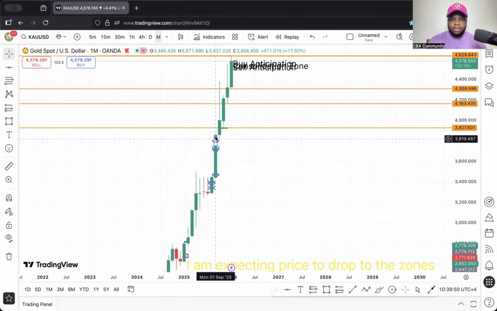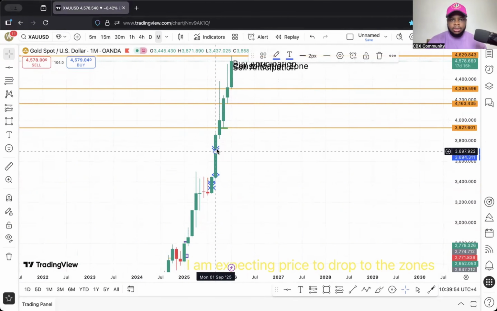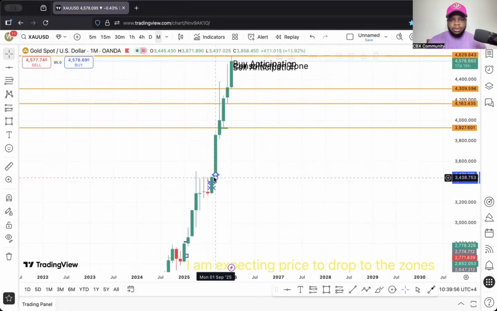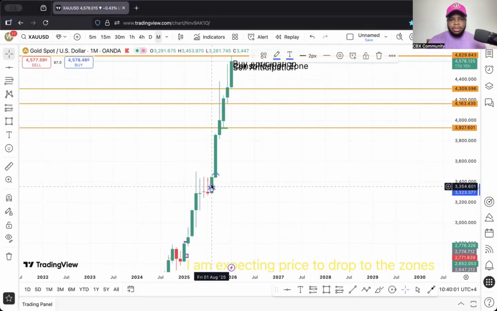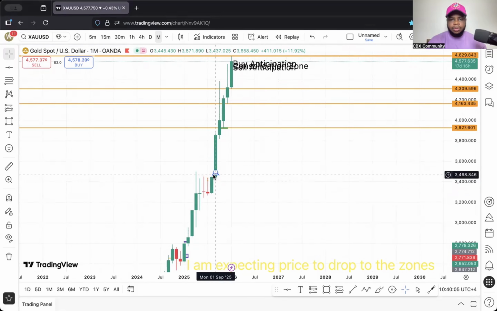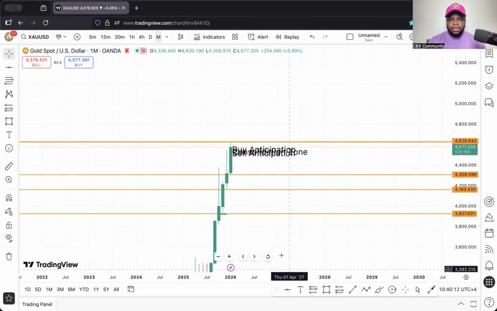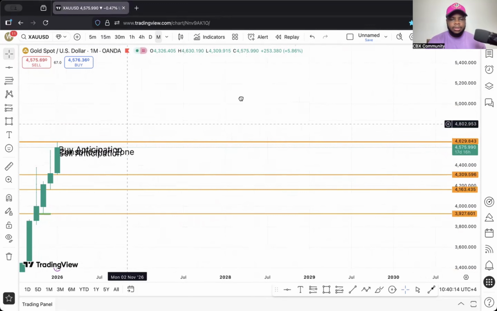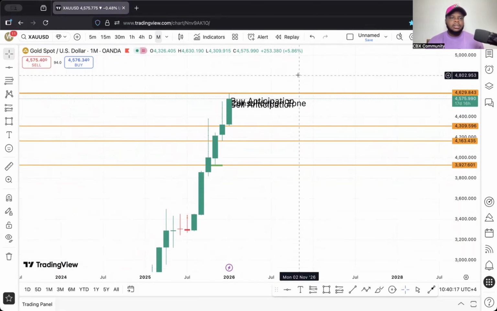Let me delete this, delete this, delete this. Delete this. Okay, so the market condition as of the month is an uptrend.